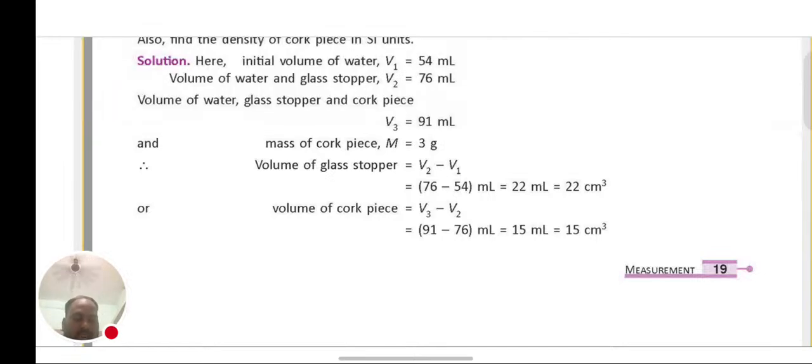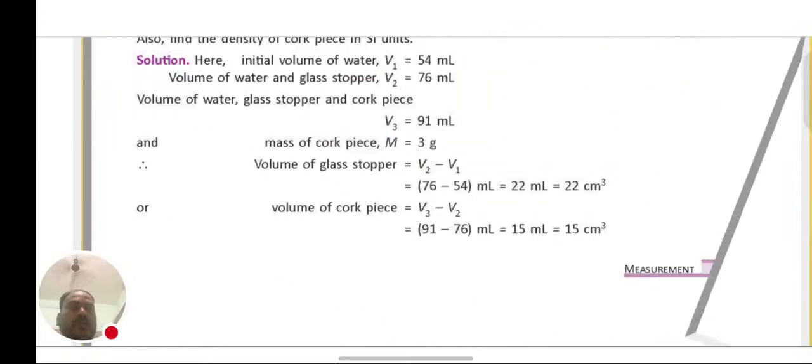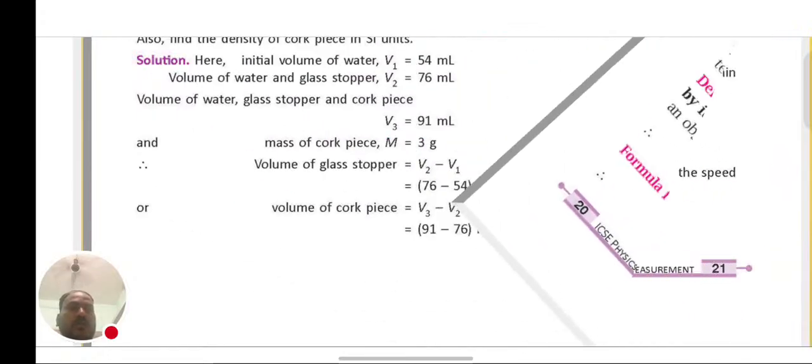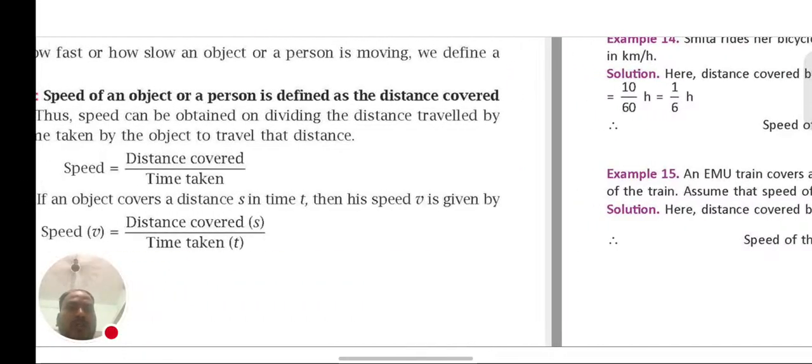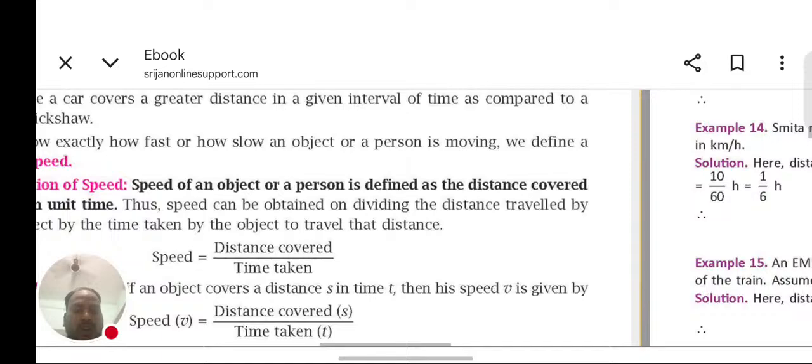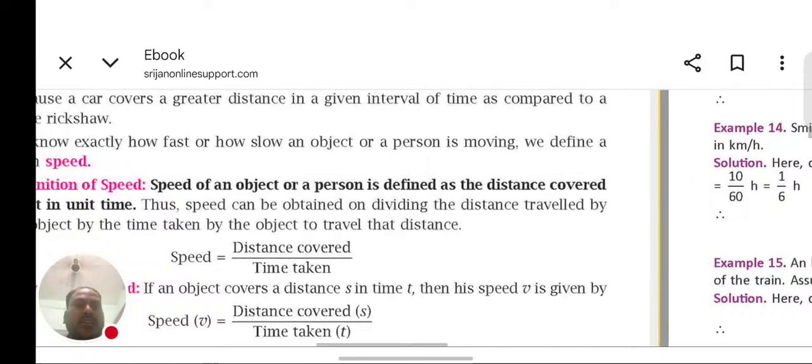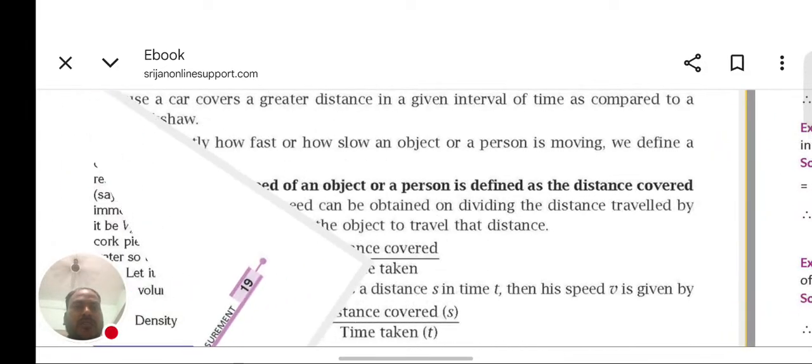Next, we will find the density of the cork. For finding the density of cork, we divide mass by volume. The mass of cork is given as 3 gram, and the volume we got is 15 centimeter cube.